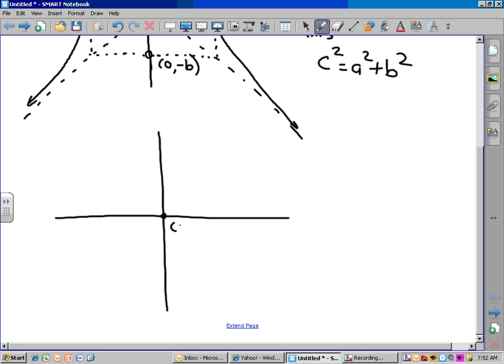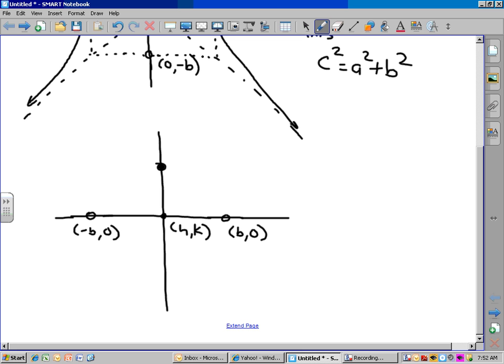Still centered at (h, k). And in this case, we're going to have (b, 0), (negative b, 0). Sorry, I keep putting solid dots for b. Those are going to be open dots because they're not part of the graph.